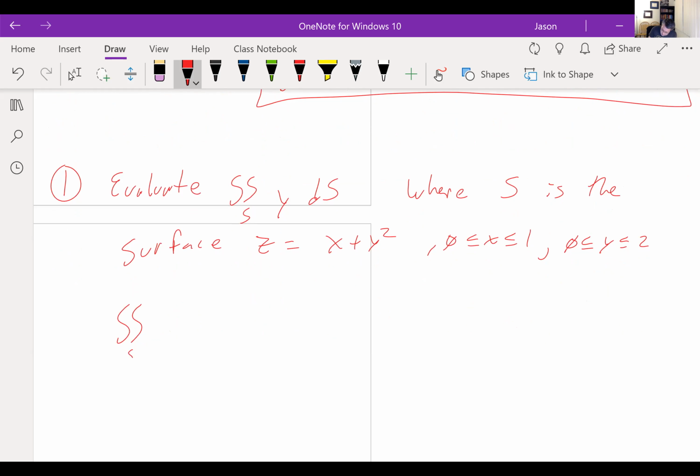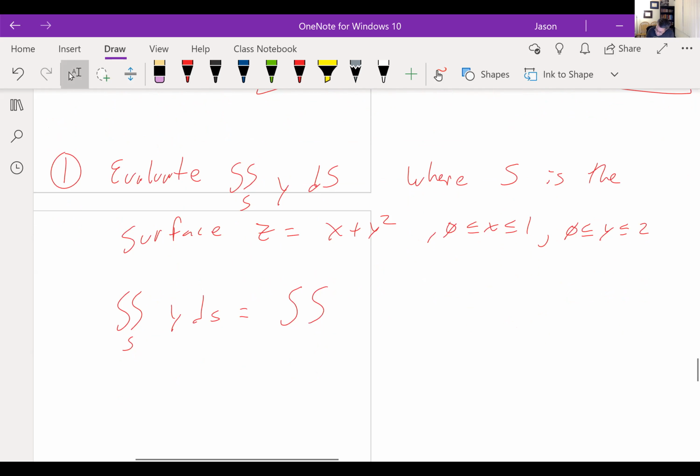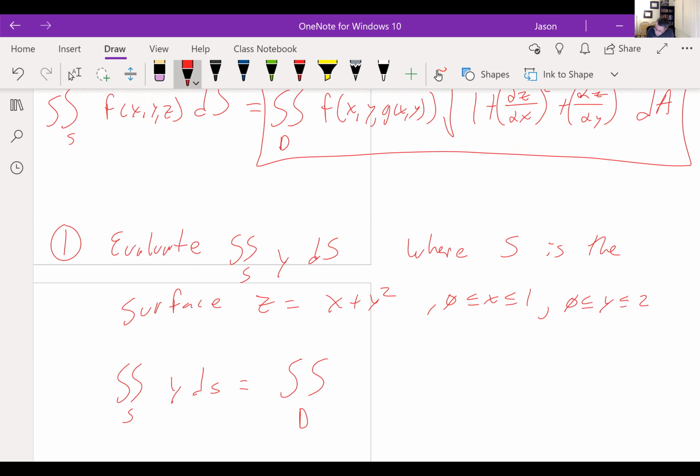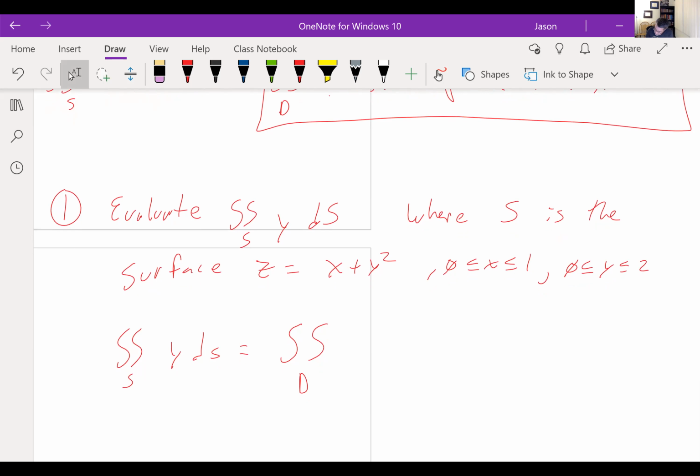We're going to take the surface integral of y dS over the domain D of y, with x, y, g of x, y.